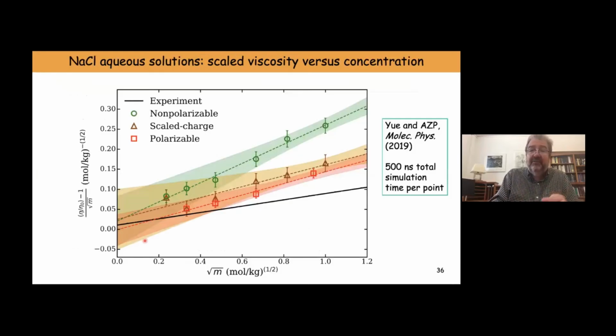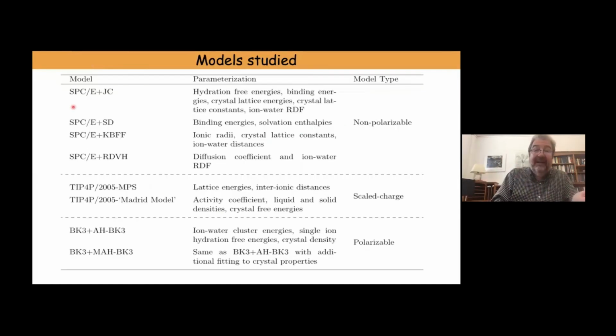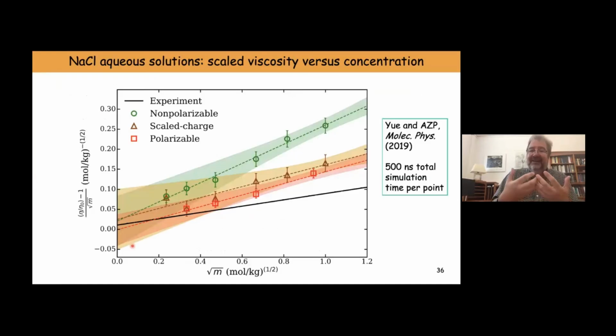So how do they do? Well, this shows you that for sodium chloride solutions, practically all of these classes of models follow similar behavior. The non-polarizable models shown here clearly overpredict the effect of the electrolyte on the solution viscosity.